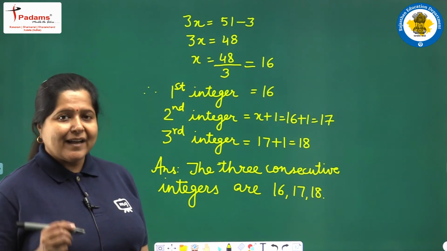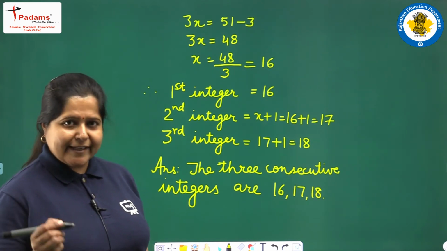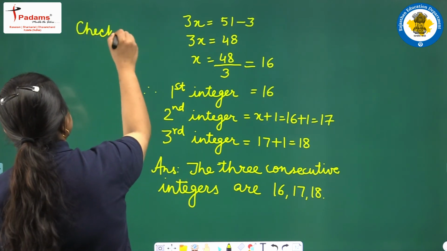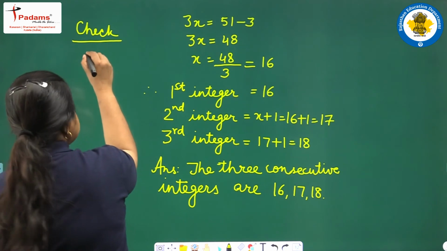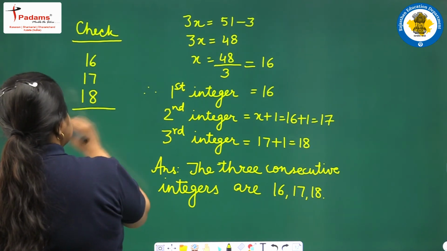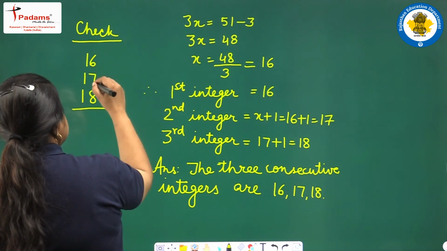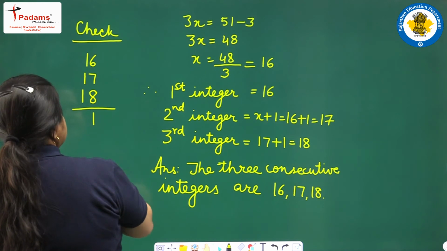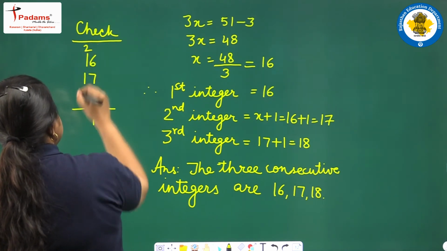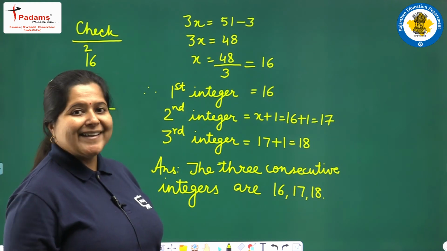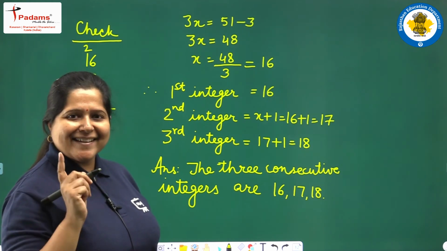Add the three, are we getting 51 or not? Let us see. We are checking here in the rough part. 16, 17 and 18. Just add the three: 6 and 7 is 13, and 8 is 21, 2 carried, and this is giving us 51. Yes, the answer is correct.